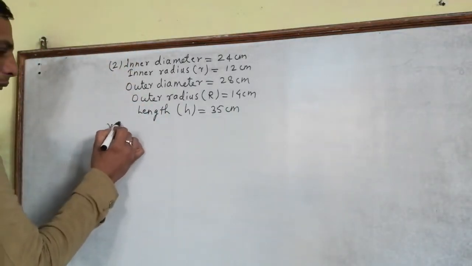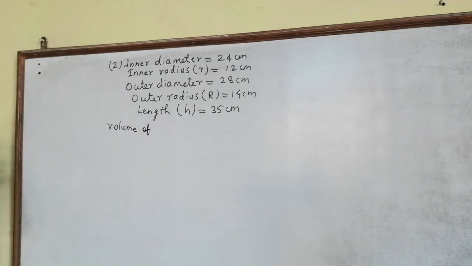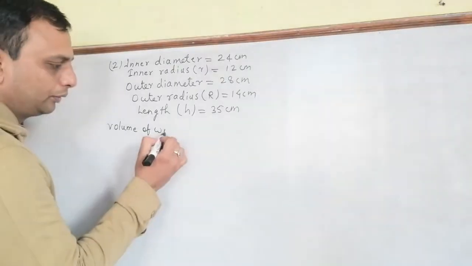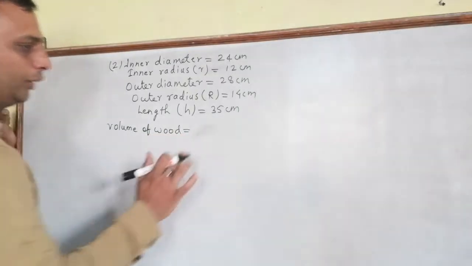So the volume of the wood is outer volume minus inner volume.